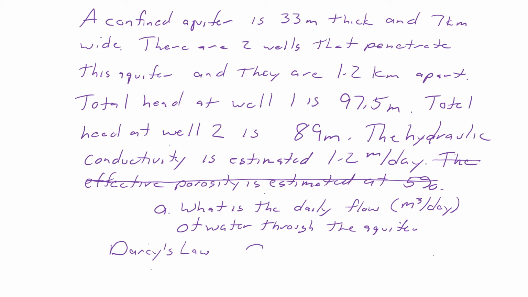Because what Darcy's law does is give you a Q, which is a flow rate, a daily flow rate, which equals negative K, the hydraulic conductivity, times A, the cross-sectional area. The cross-sectional area of your aquifer, remember, your aquifer is 33 meters thick and 7 kilometers wide.